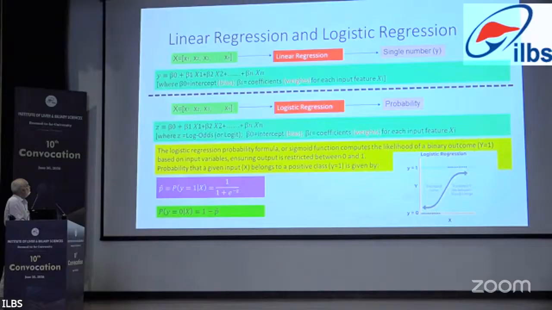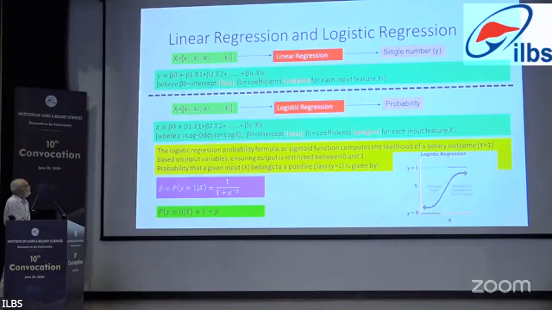Then these are the coefficients, multiplied with the inputs and added to the intercept. In statistics, beta 0 is known as the intercept and these are known as coefficients. But in machine learning or AI, the same thing is known as bias, and these are known as weights. So intercept is bias, coefficients are weights, and these are parameters. Then there are hyperparameters also that I will tell you.